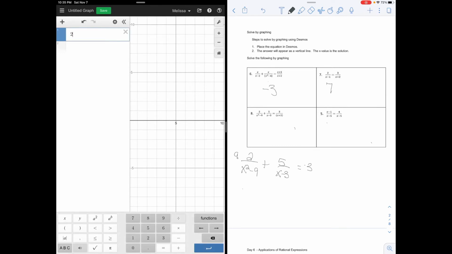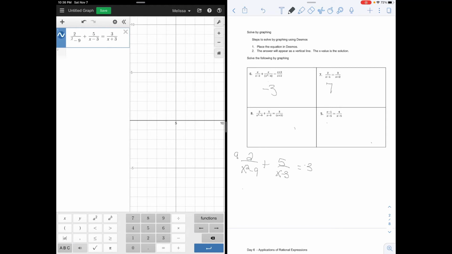2 divided by x squared minus 9 plus 5 divided by x minus 3 is equal to 3 divided by x plus 3.